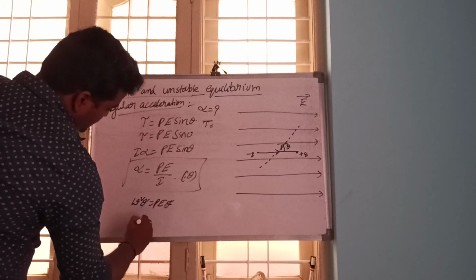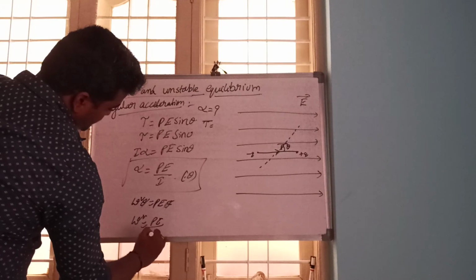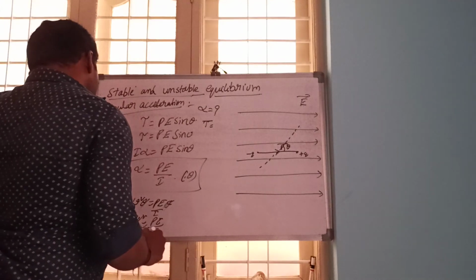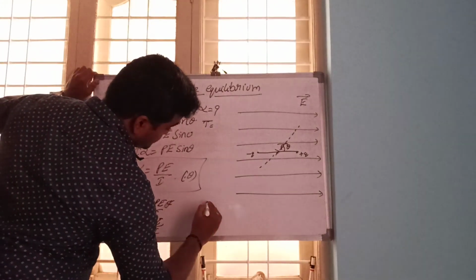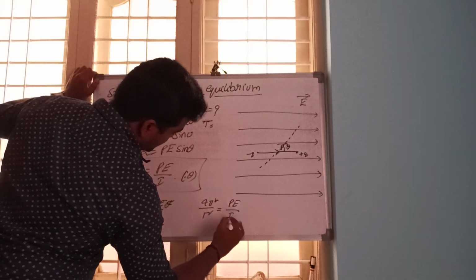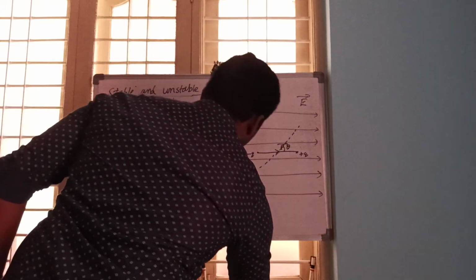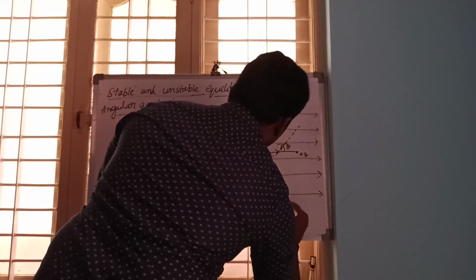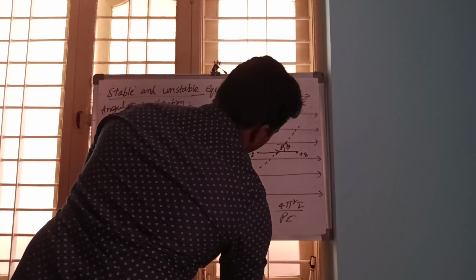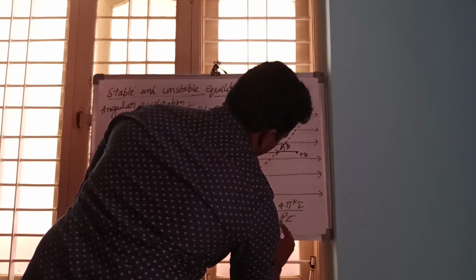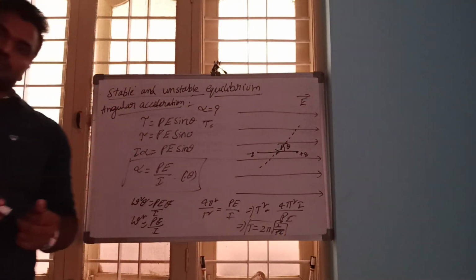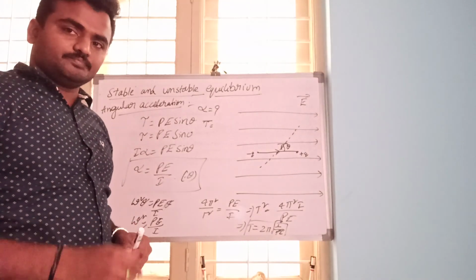Omega square equals PE upon I. So omega equals 2 pi by T, so 4 pi square by T square equals PE upon I. So T square equals 4 pi square I by PE. So T equals 2 pi root over I upon PE. Like this we can find the time period also. Clear?